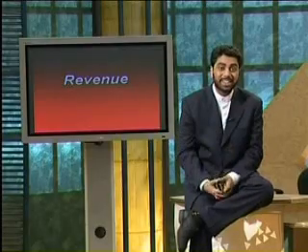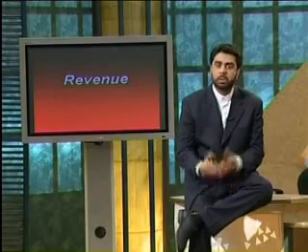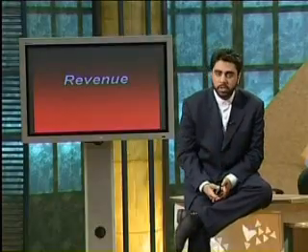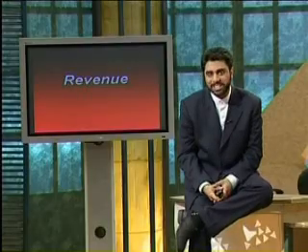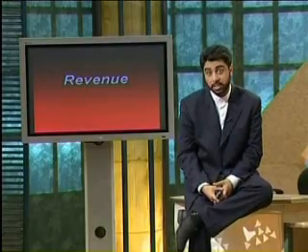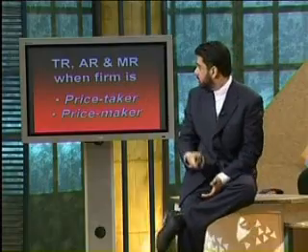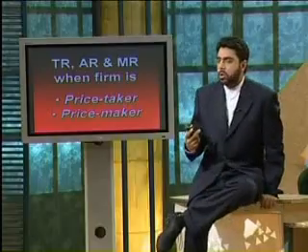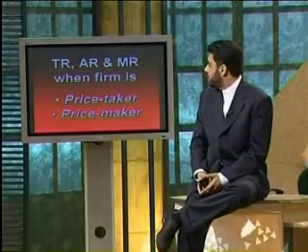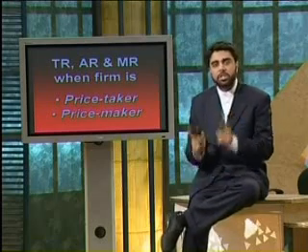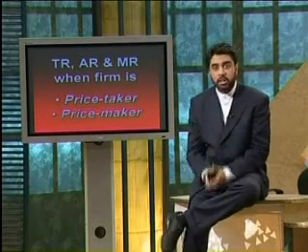So what's the relationship of revenues with output? Now, in order to understand this, we need to make the distinction between price-taking firms and price-making firms. And basically, we need to see how the relationship between revenues and output is characterized in both these situations, and they are actually quite different.